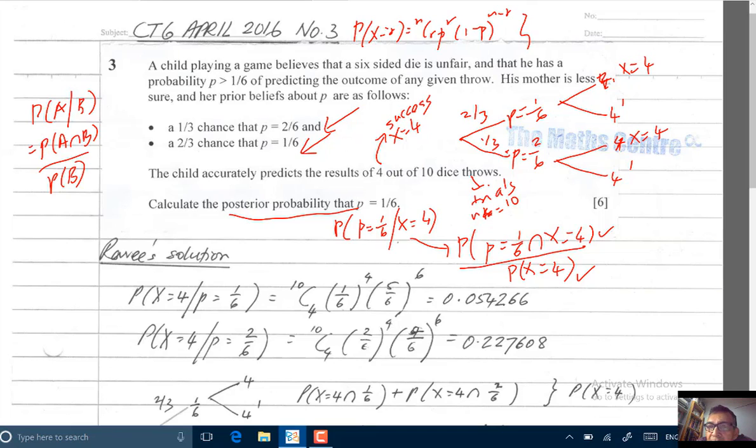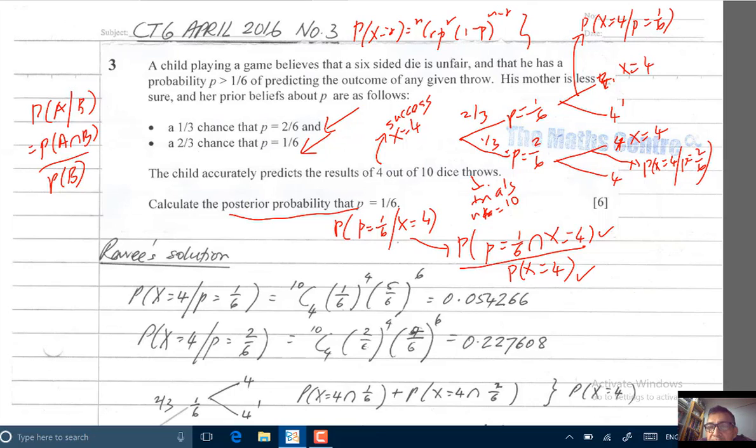Now these are conditional probabilities. X equals 4 given that P is 1/6, and this one here is probability of x equals 4 given that P is 2/6. Let's go ahead and find the conditional probabilities first.